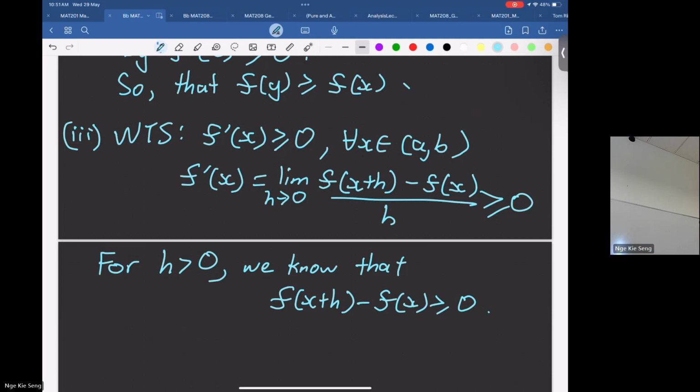Yeah. Can you deduce this general case from the specific case or not?